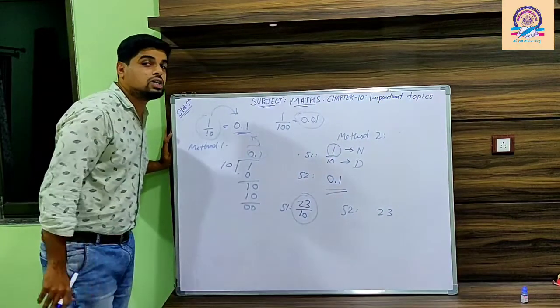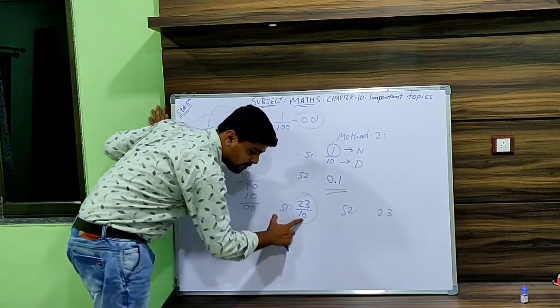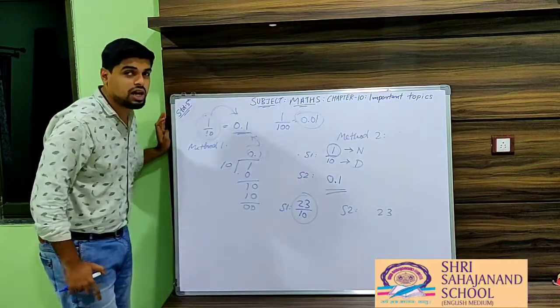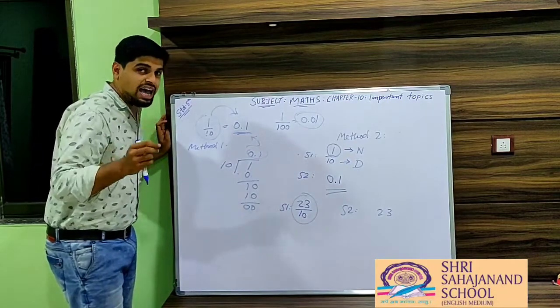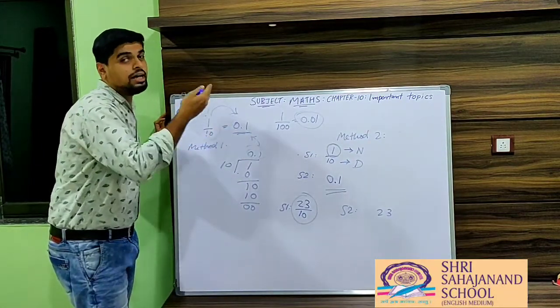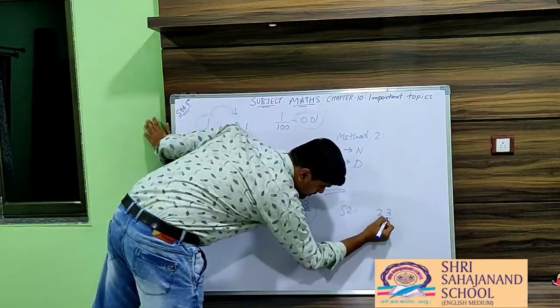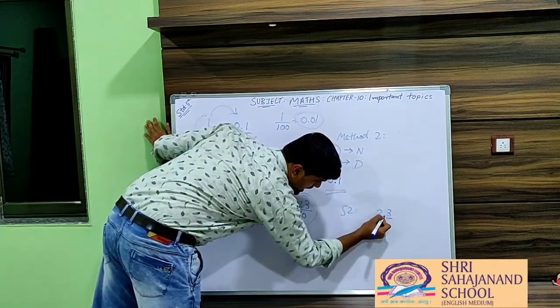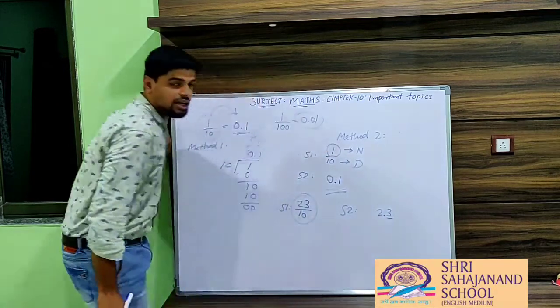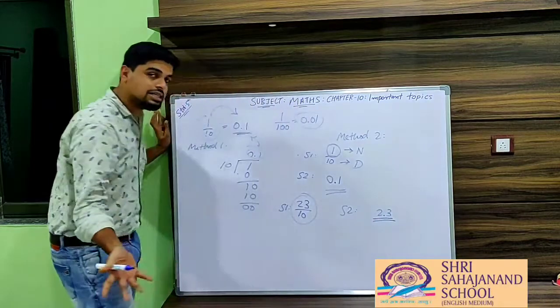Now to complete step 2, I have to count the number of 0s here. So how many 0s are present, bacha? Only 1. So I have to put the decimal point 1 digit before, from the end. So this is my conversion to decimal point.